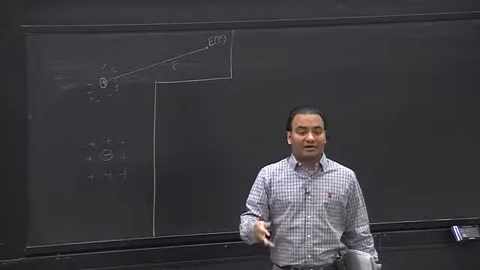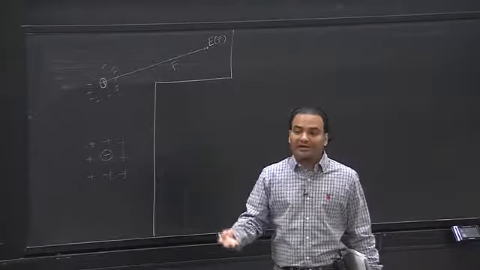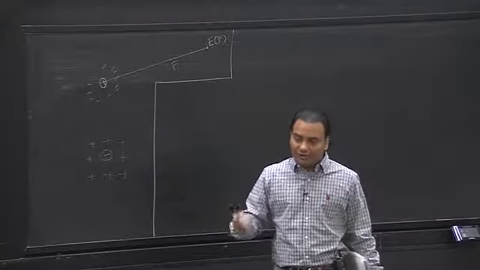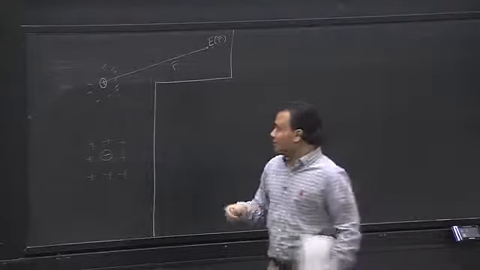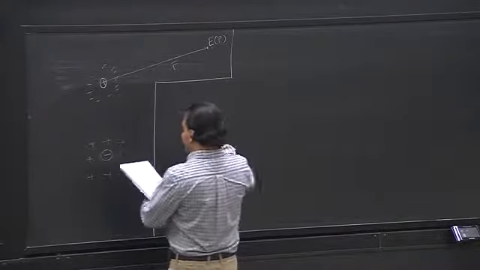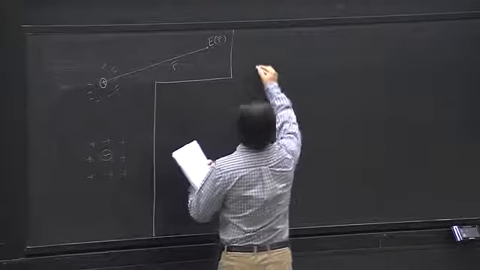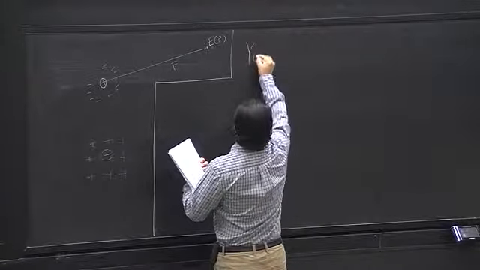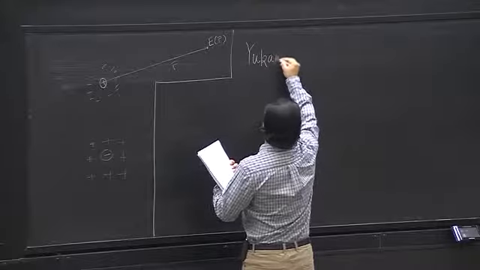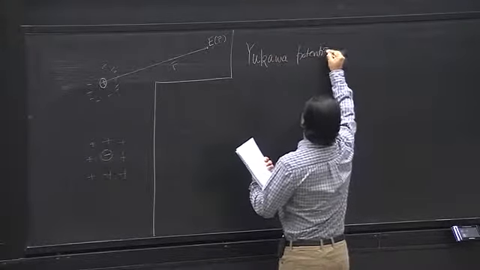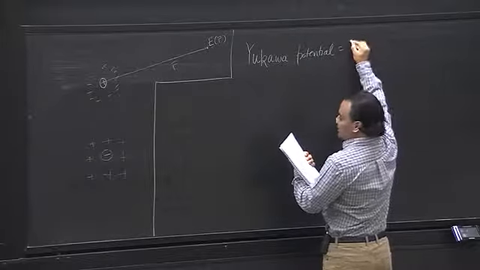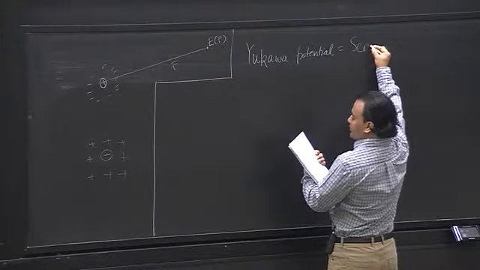So one model potential that you can use to replace Coulomb interactions, the long-range one, is what is called Yukawa potential. So next, what we can use is Yukawa potential, which is essentially screened Coulomb potential.